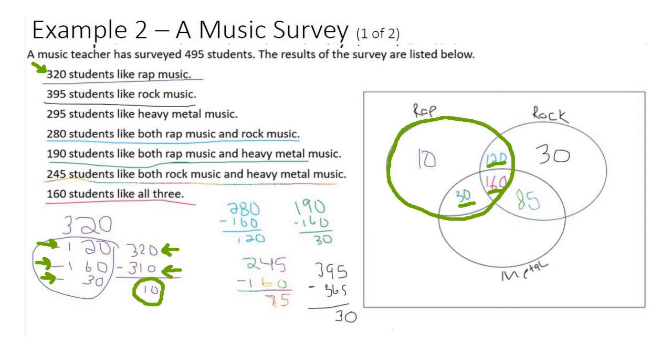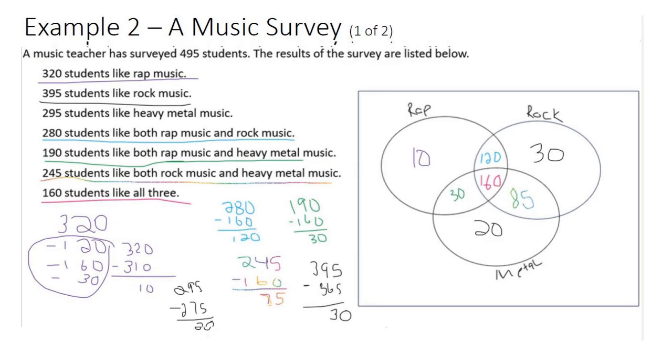Okay. So now let's focus on the rock. So let me highlight the rock circle. And again, we can see we have 120 students, 160 and 85.